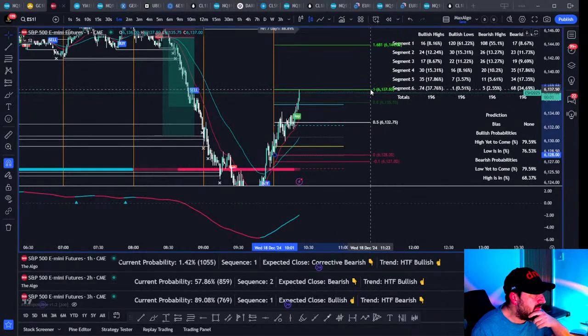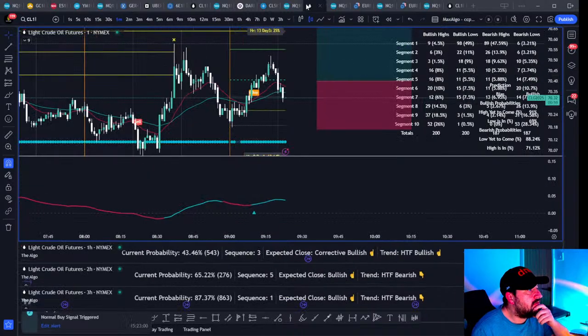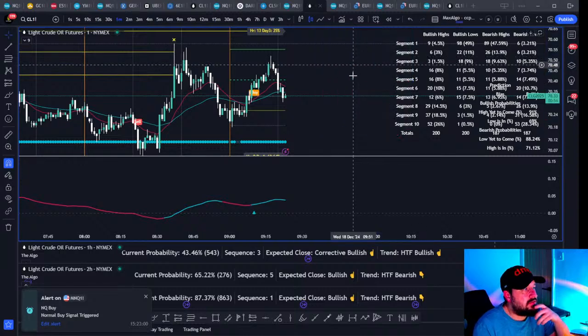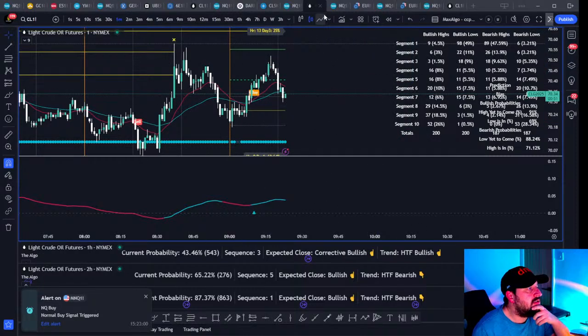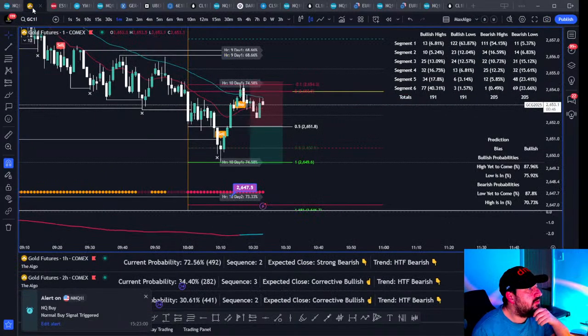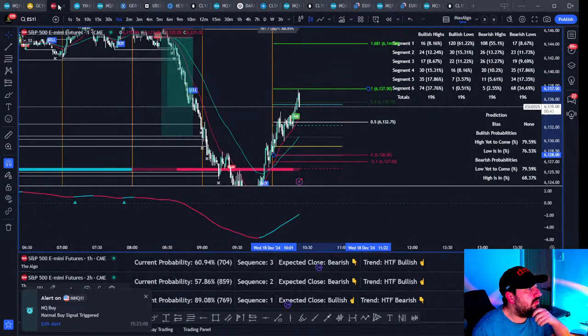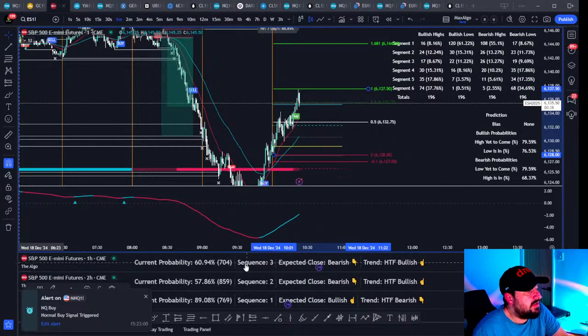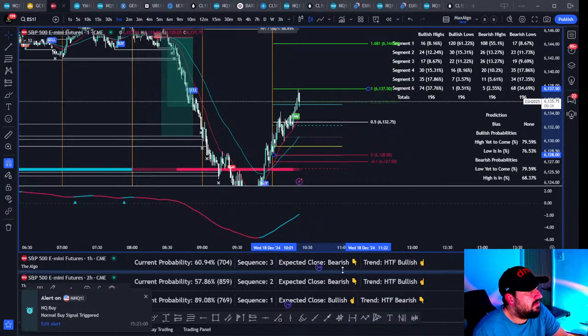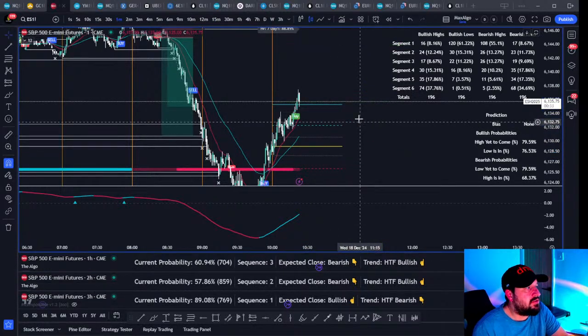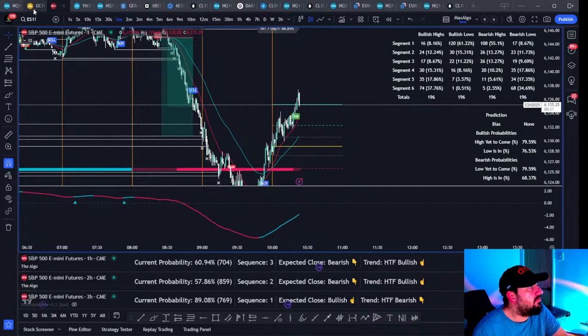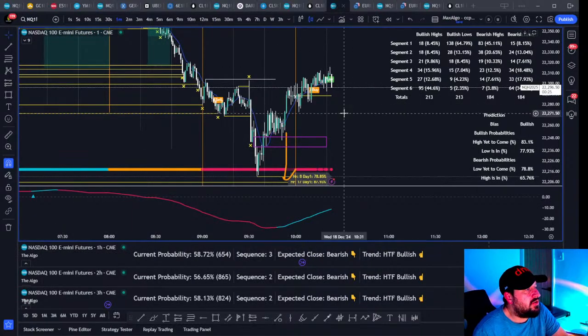Just whether we will get time to get tagged in on this one. We didn't take our trade on CL. We took the gold opportunity. Now we're looking at ES. See, now we've flipped back bearish, so can't take that trade. That's gone. No trade on there. We're still bearish on NQ.